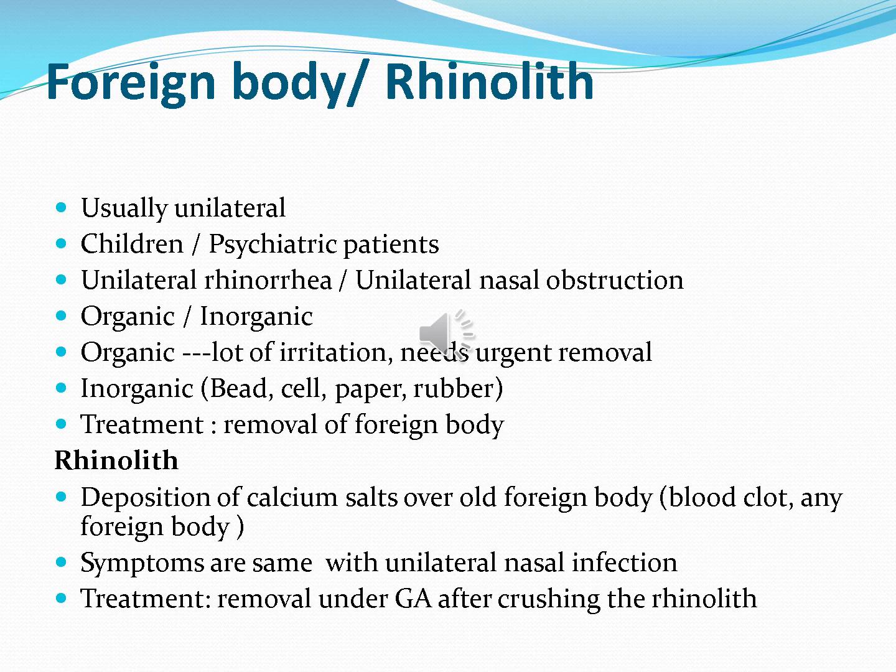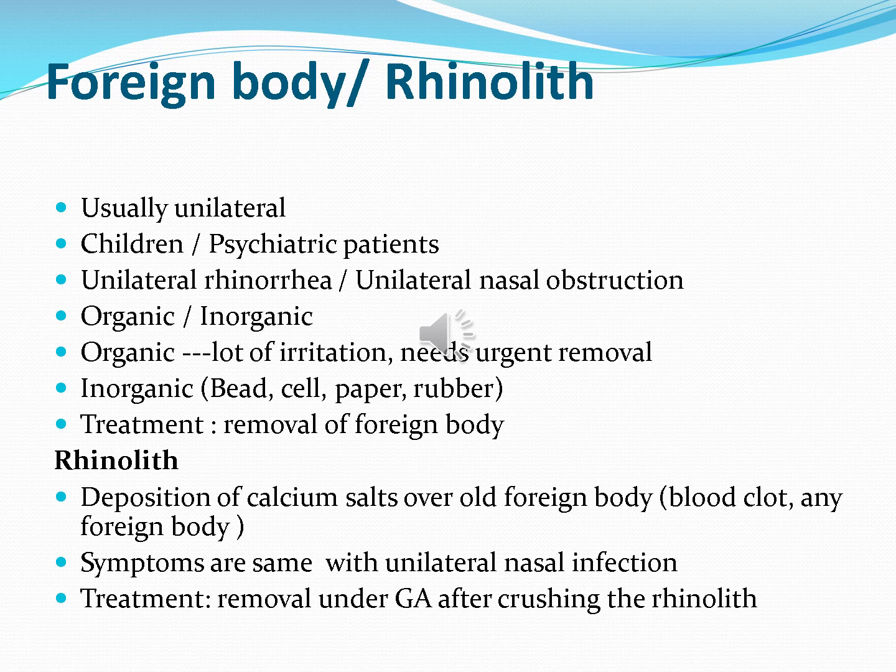You have to break this rhinolith with the help of some instruments, or in removal of foreign bodies, with the help of instruments that can be a probe, depending on the type of the foreign body. And if you have tried once and the patient is not very cooperative, then this foreign body should be removed under general anesthesia.